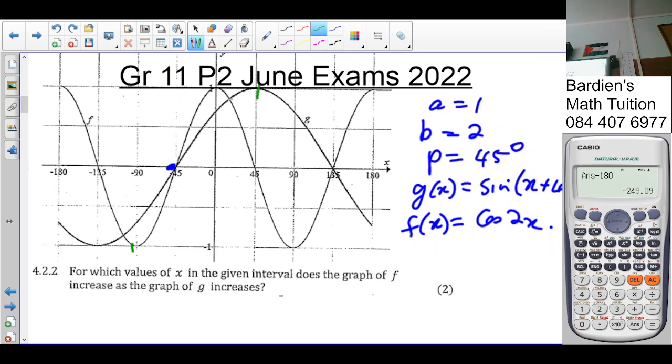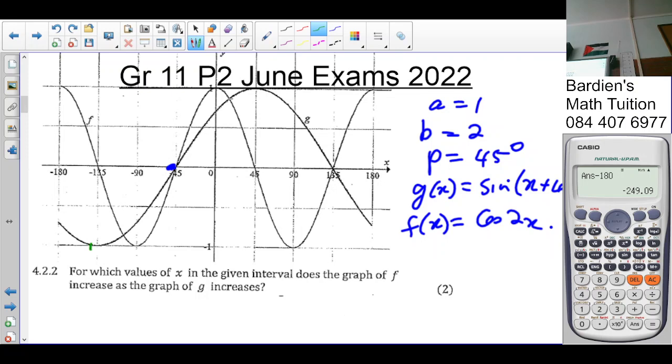So in the interval from negative 90 to 45, I must see where g is increasing as well. Whoops, I'm on the wrong graph. Sorry. So here, one is increasing, one is decreasing, till here.